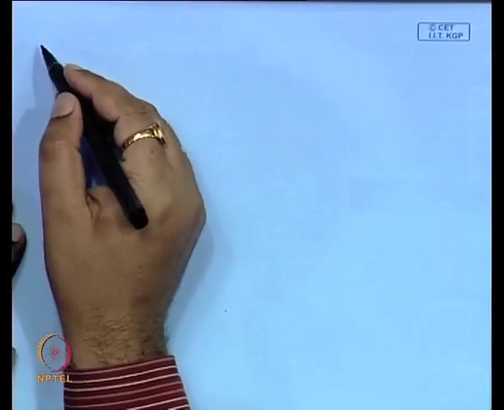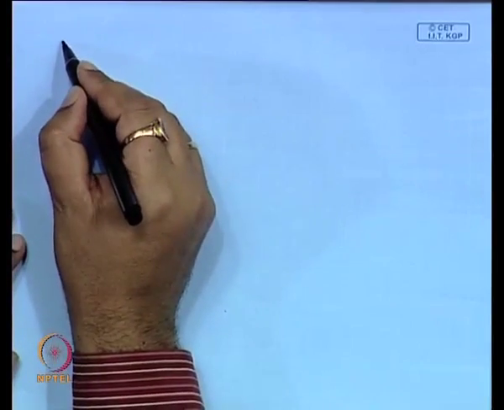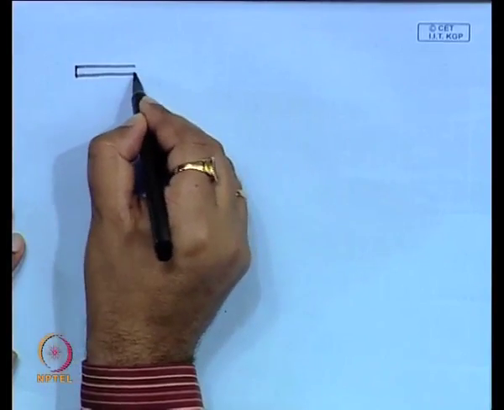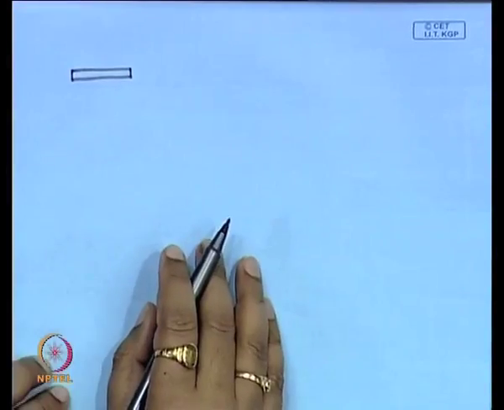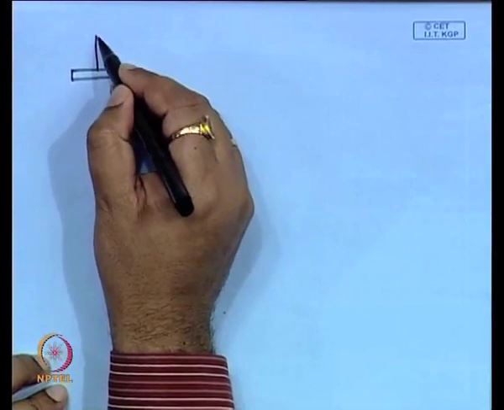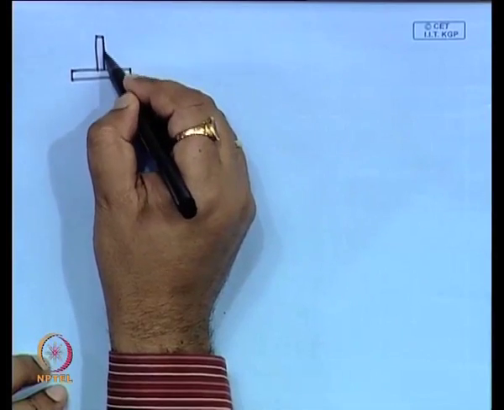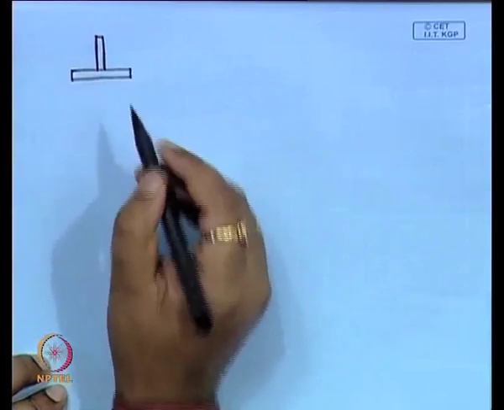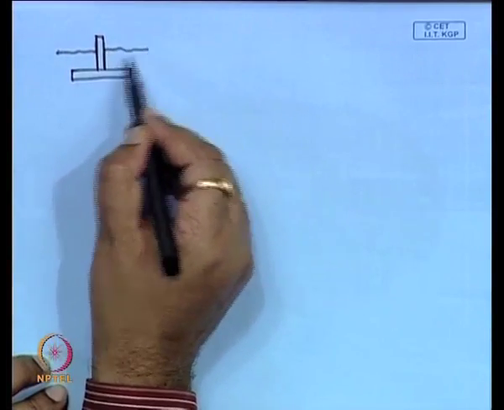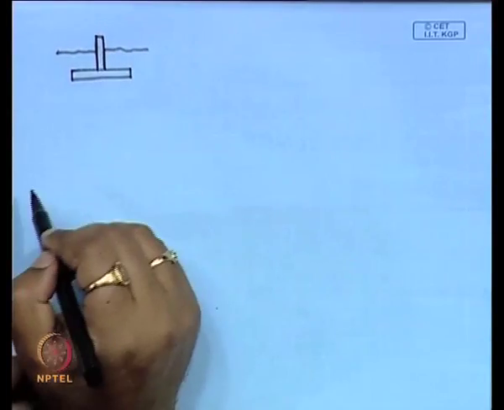Next, when we calculate the settlement, suppose this is the foundation. Before we start the settlement calculation, we should know how to calculate the increment of stress due to application of this load.